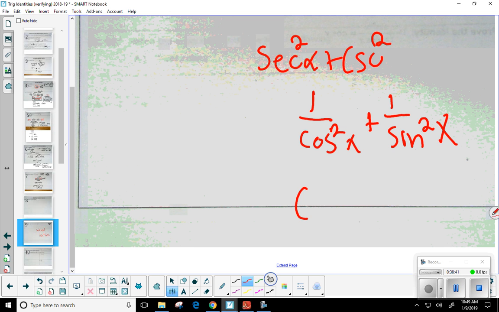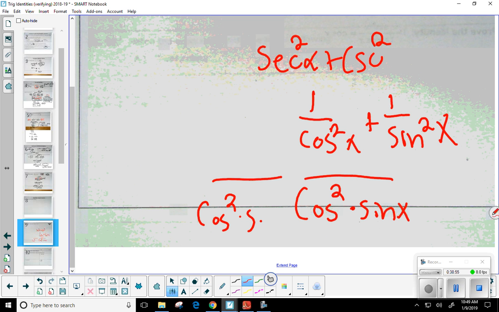Okay, so are you saying what Fawaz is saying? Okay, and that's right. We just don't want to forget the square on the other one. That one we had to multiply by sine squared.